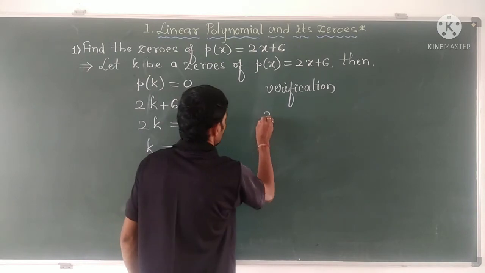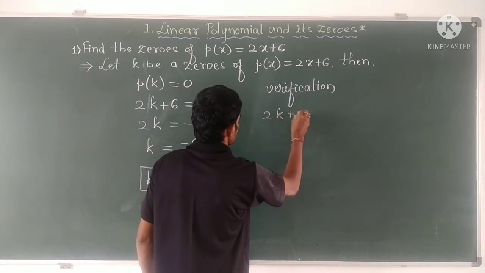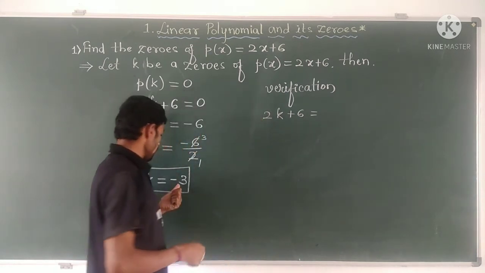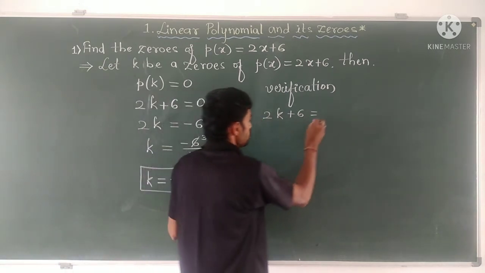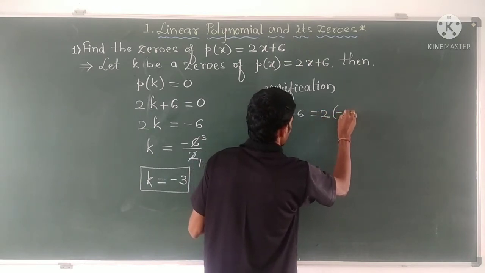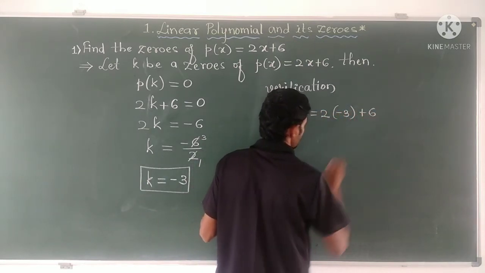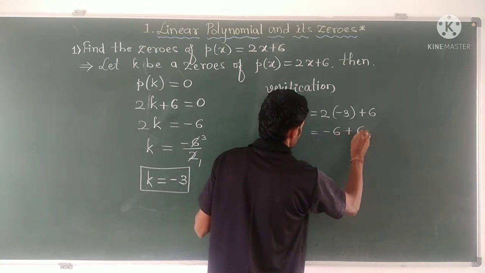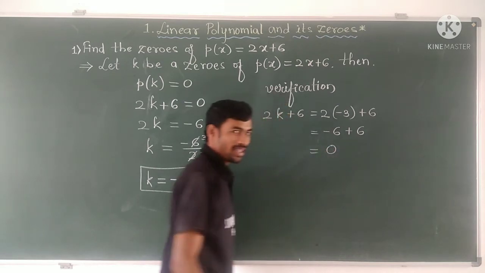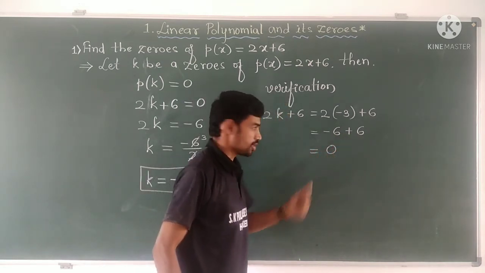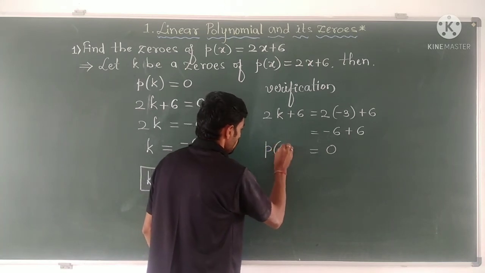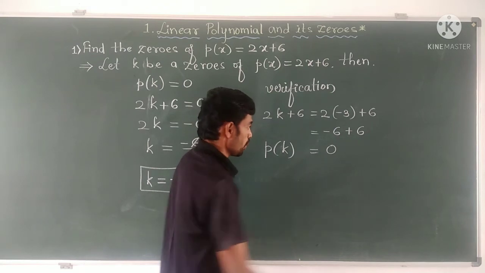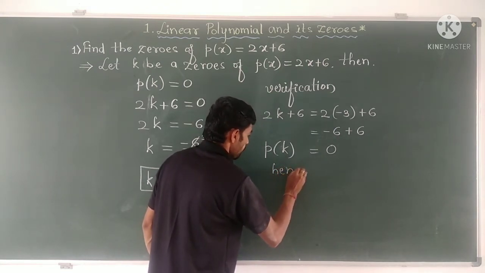That is 2k plus 6, with k value minus 3, is 2 into minus 3 plus 6, which is 0. That is p of k is equal to 0. Hence verified.